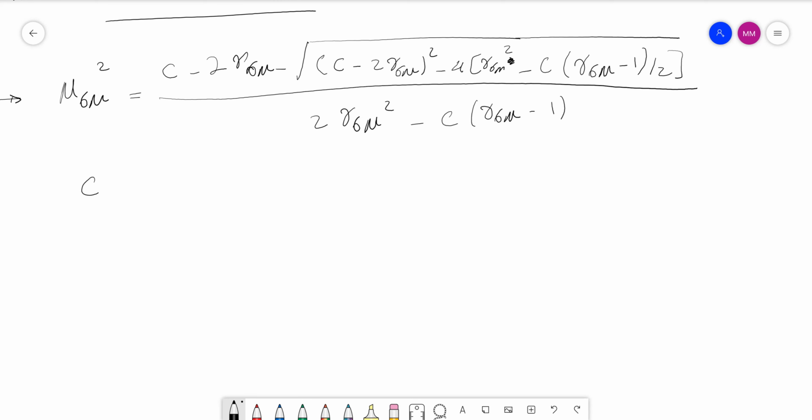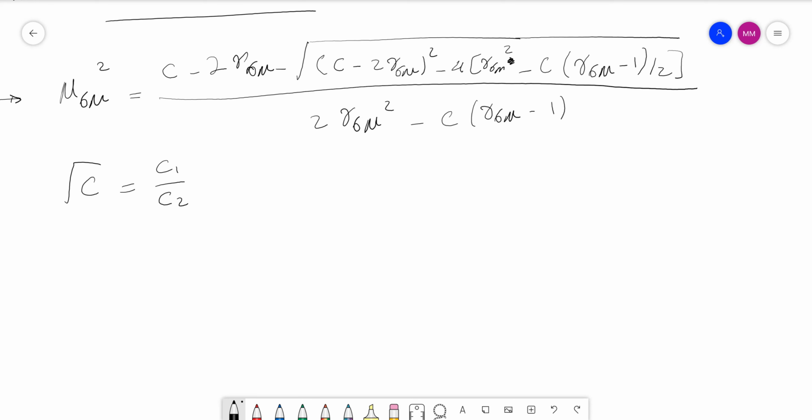But how can we find the C, this constant here? C, the square root of this C, is equal to C1 over C2, which are the constants of the system that we have seen, that we were trying to solve.